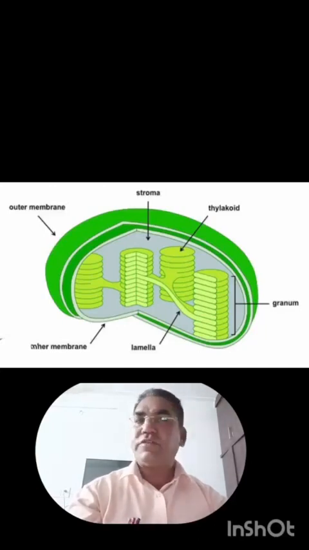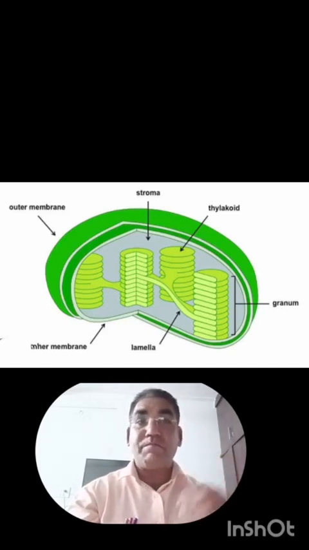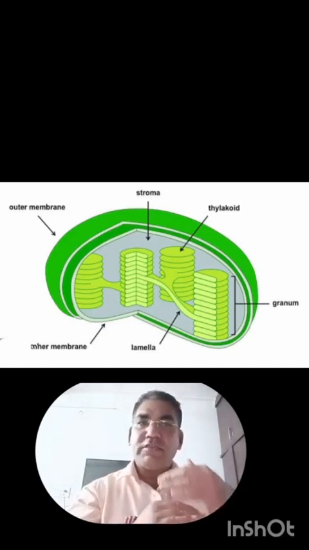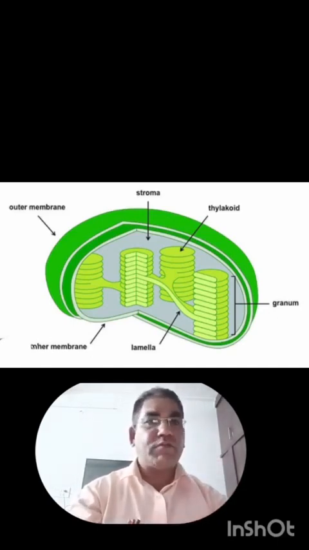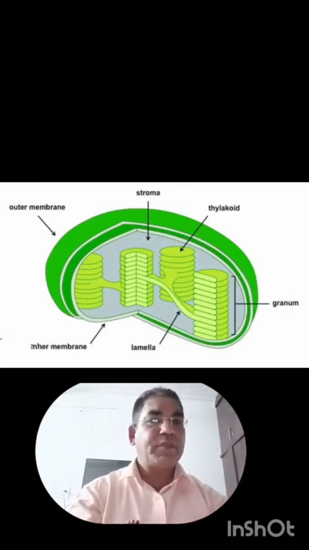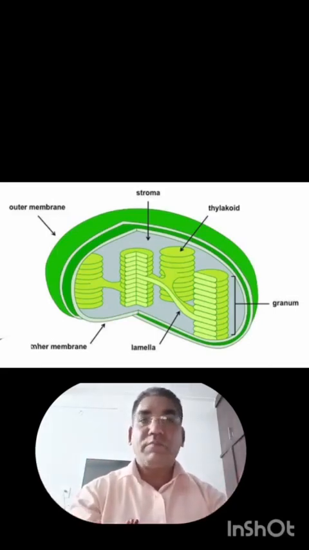It is a unique feature of a plant cell. Inside the plastid, a number of membranous, bag-like structures are present, called thylakoids. These thylakoids are arranged one upon another in the form of stacks. A stack is known as a granum and the fluid which is filled inside the plastid is known as stroma.